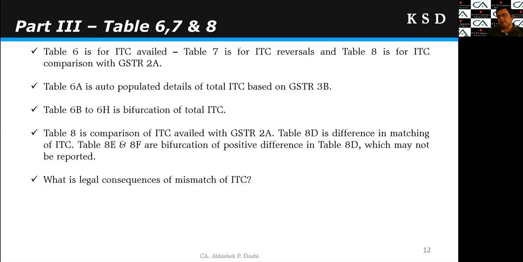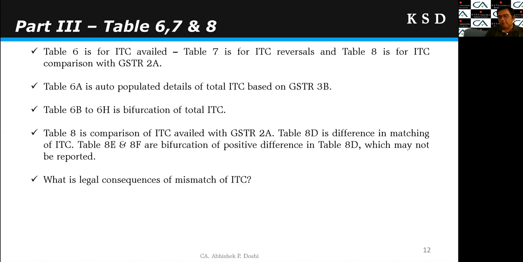The rules for ITC matching and reversals are still not operational, and there cannot be any legal compulsion to reverse ITC which is not reflected in GSTR 2A. So ideally for Table 8 matching, if there is any negative difference, it cannot have any legal consequences. Yes, but the conditions of Section 16 should be fulfilled and my supplier should have paid the tax. Then there is no issue on my availment of the ITC.